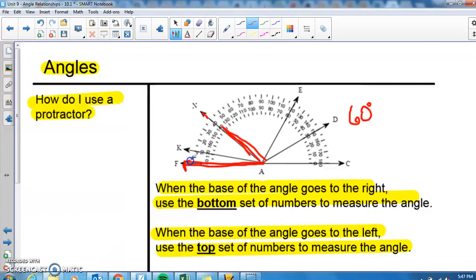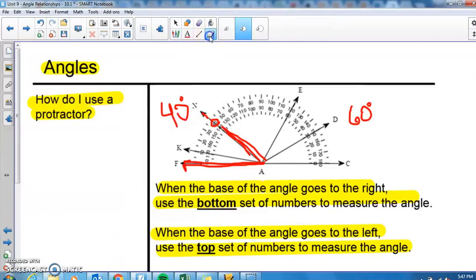It points to the left. So when the base of the angle goes to the left, we're going to use the top set of numbers. So this angle goes right through 140 and 40. We're going to use the top set of numbers, so I'm going to use the 40. So this angle right here measures 40 degrees.